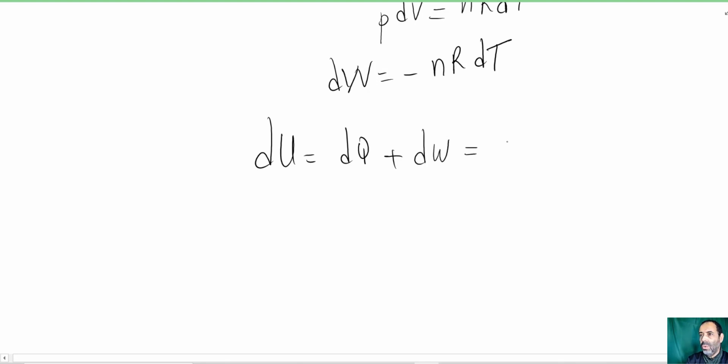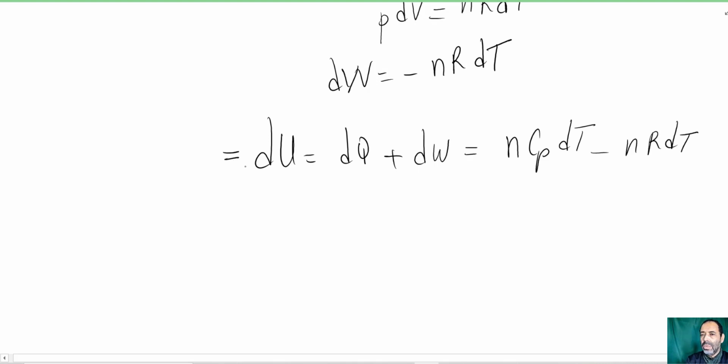Okay. Well, dq by definition is nC dT. That's how we define the molar specific heat, by changing from one small temperature T to T plus dT. And plus the work in this case is minus nR dT.